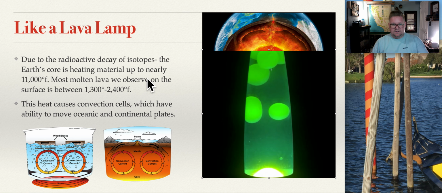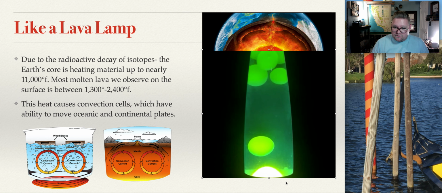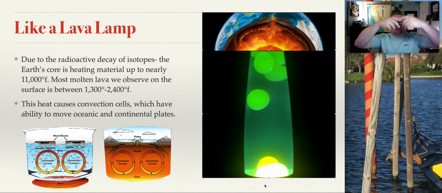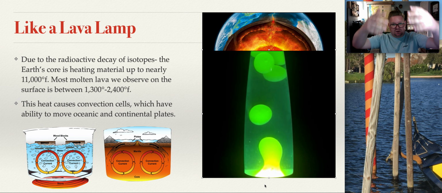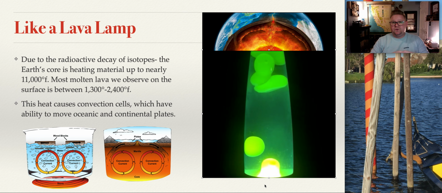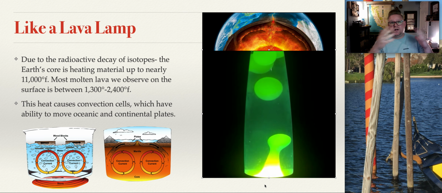What the presentation is saying here is that because of this decay at the center of the Earth, the core, you see temperatures exceeding 11,000 degrees Fahrenheit. That heat rises and sinks, and since this process goes on over and over in these convection cells, you essentially create the energy needed to move whatever is floating on top of it.